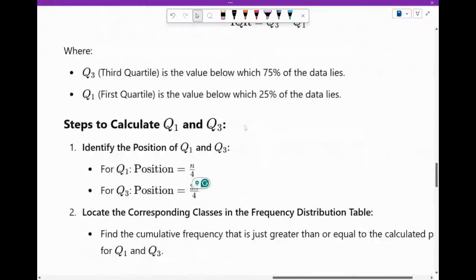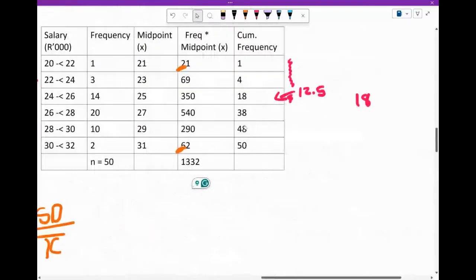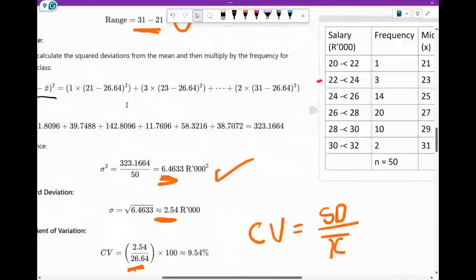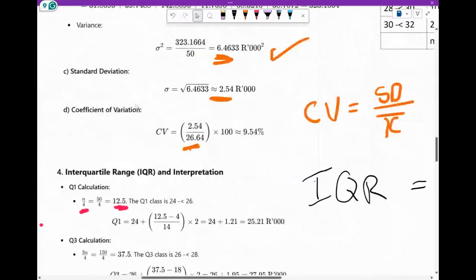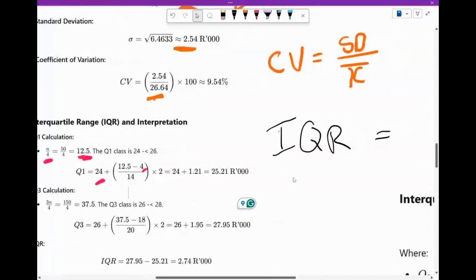Okay? So if we go back, we see the lower bound there is 24. I'm going to take it one step at a time. Here, can you see? 24. And what was the cumulative frequency of the one before? It was 4, okay?